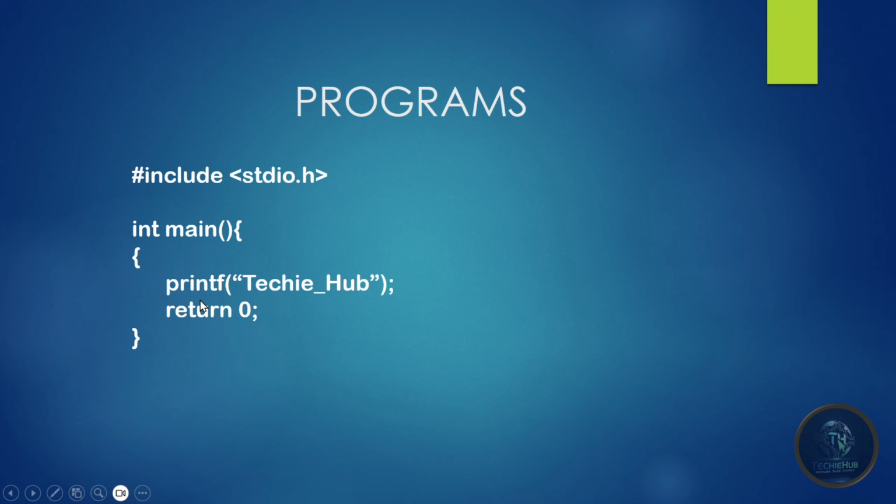I will be teaching you these programs in website, and we'll move on with VS Code later. So this is an example program. In main, printf, within printf, Techie Hub should be printed, so it is given within double quotes, and the line is ended with semicolon.